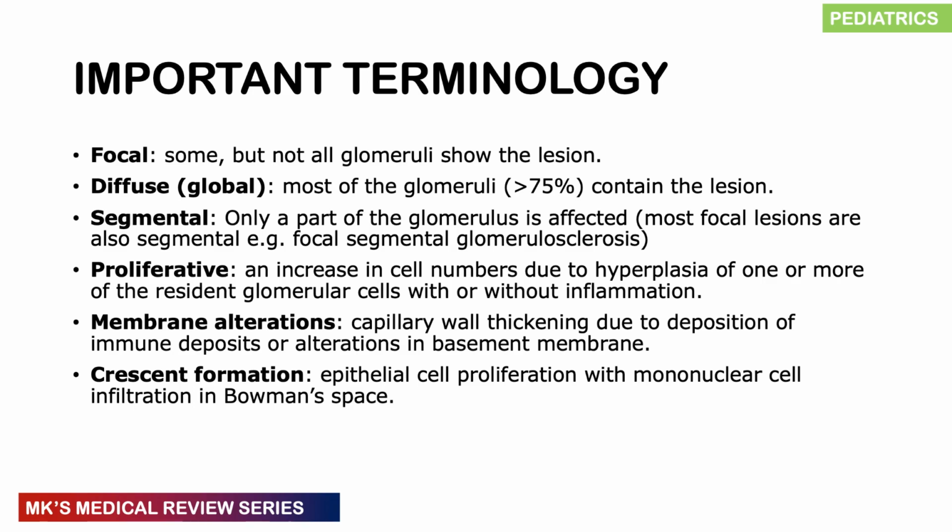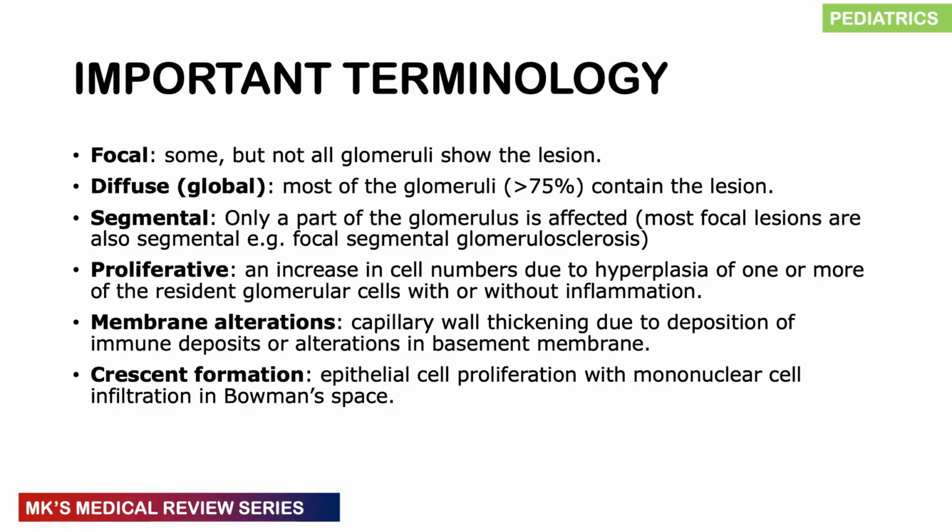When you talk about proliferative, it means that there's an increase in the number of cells. Maybe there's some sort of hyperplasia affecting one or even more of the resident glomerular cells, which may or may not be associated with inflammation. Because as you can see, some proliferative conditions that are implicated in nephrotic syndrome will also be seen in nephritic syndrome.